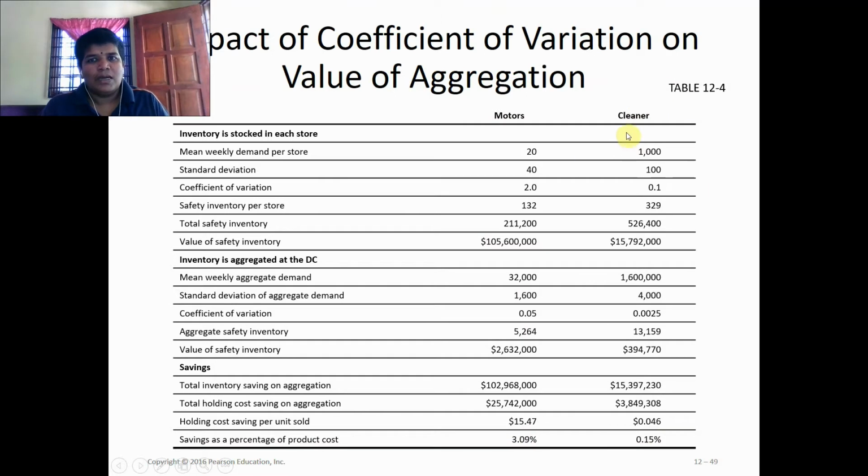So two products of different nature need a different level of safety inventory, and the way they respond to customer demand is also different.